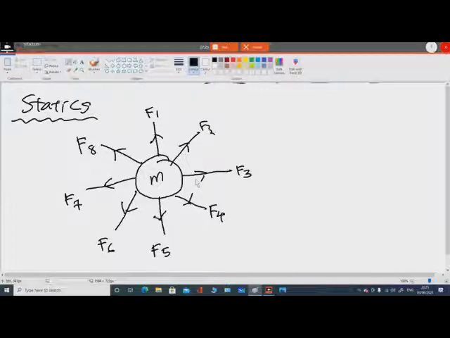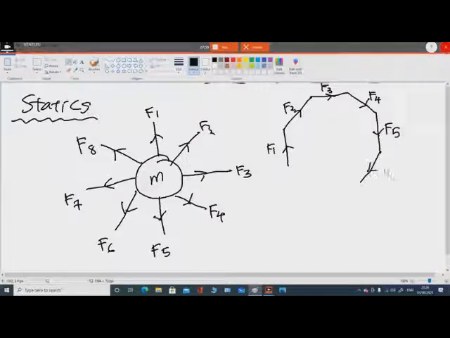In terms of the vector diagram, this is our F1 and this is F2, this is F3, this is our F4, this is F5, this is F6, this is our F7, and finally F8.